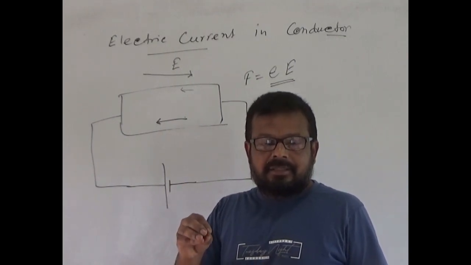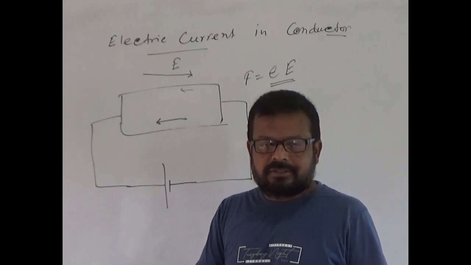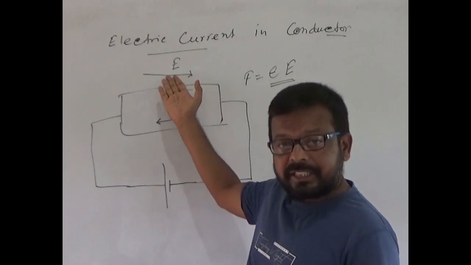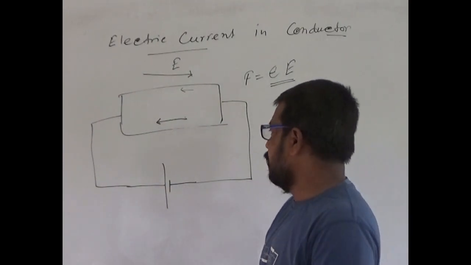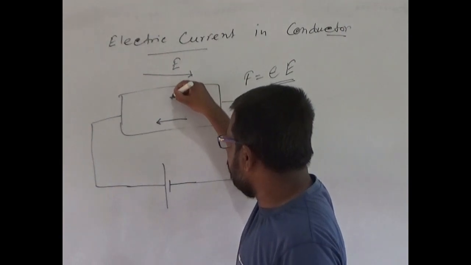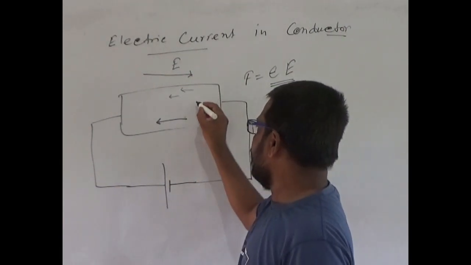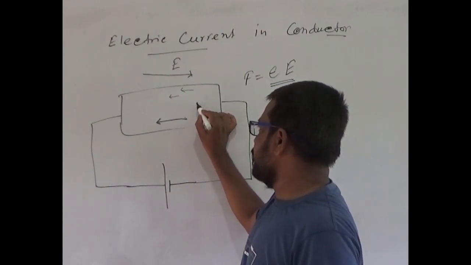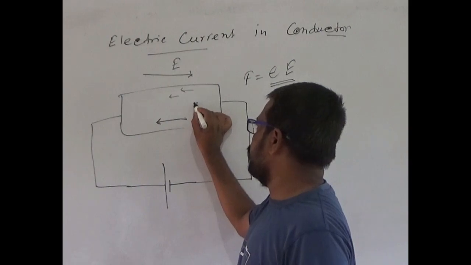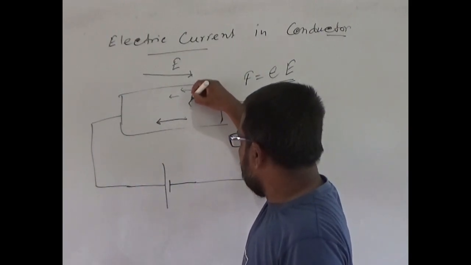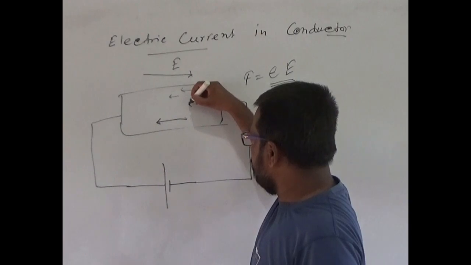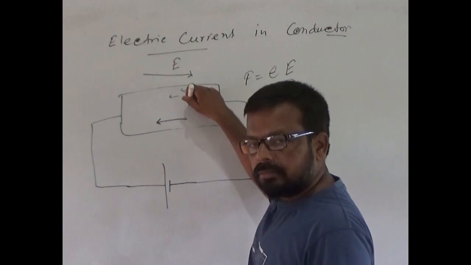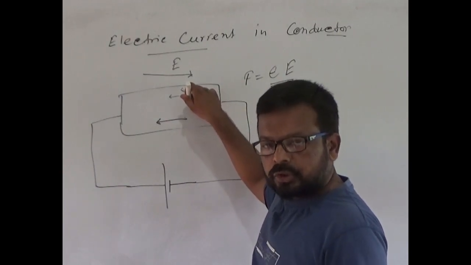But the electron cannot stop for a long time, because it experiences a force due to the external field. So again it tries to move in this direction. Let us say one electron is here. The electron experiences a force in this direction, so it will try to move in this direction. After traveling this small distance, it collides with a positive ion, so it stops.